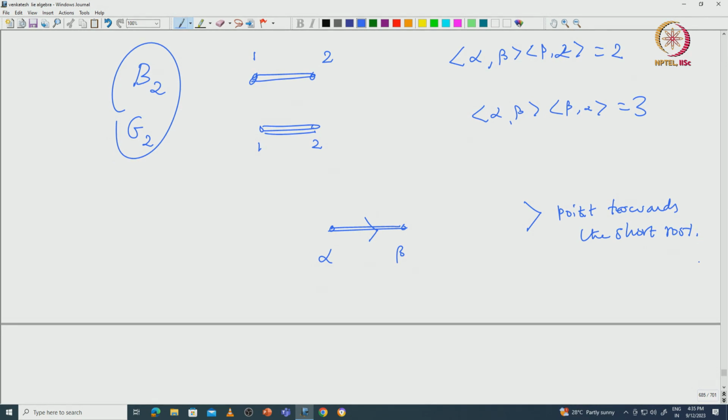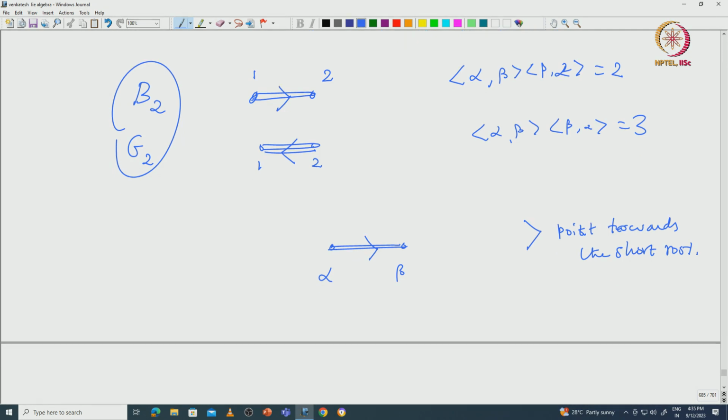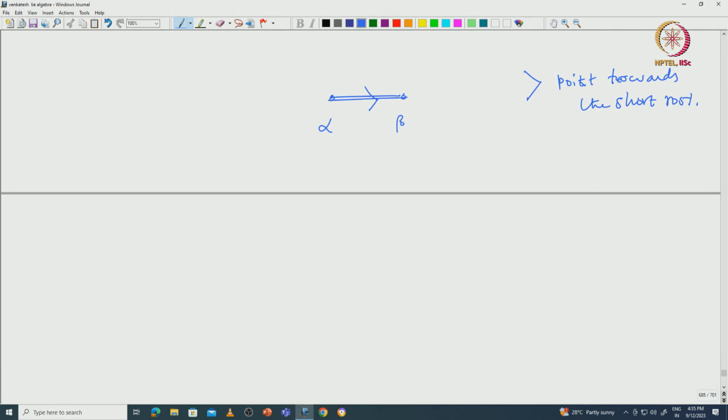For example, the B2 Dynkin diagram will look like this, and then the G2 Dynkin diagram will look like this, because alpha 1 is actually the long root in G2. So, now given the Dynkin diagram, it is easy to recover the Cartan matrix, and we have already seen how to recover the root system from the Cartan matrix.